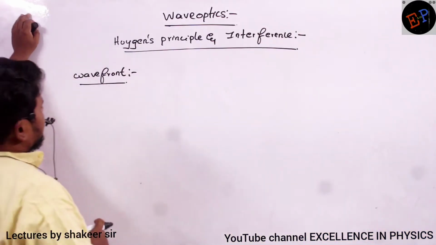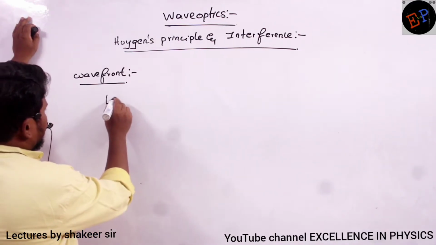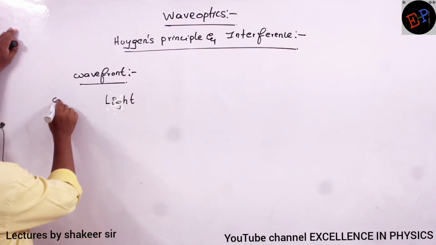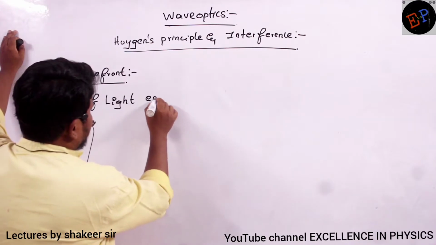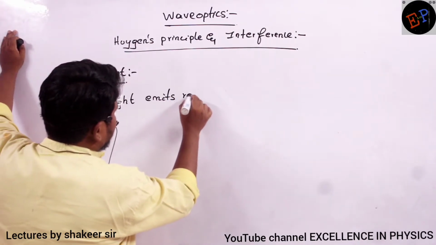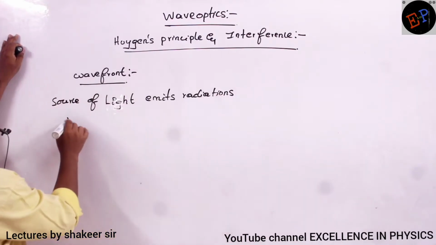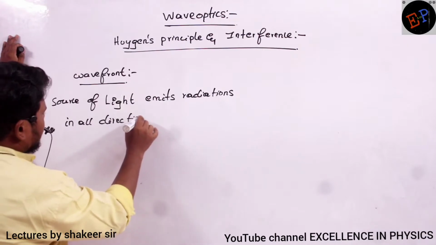See my wavefront. What is meant by wavefront? So write down: a source of light emits radiations in all directions. Okay?